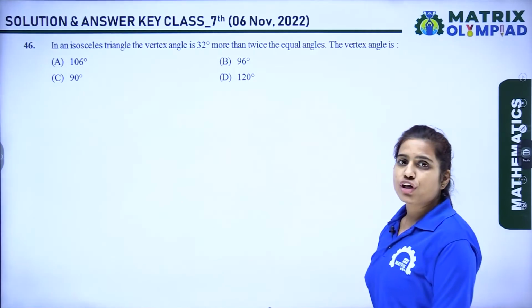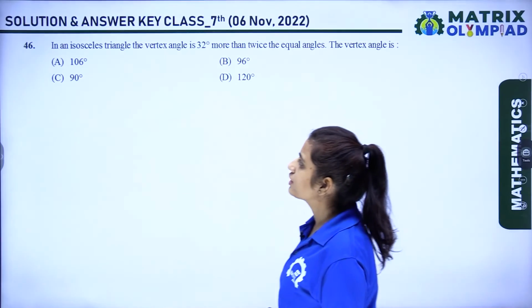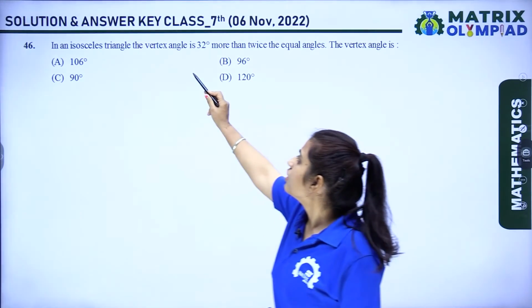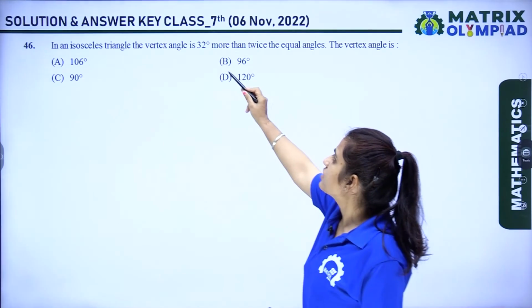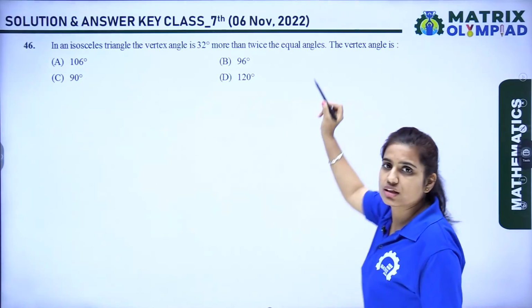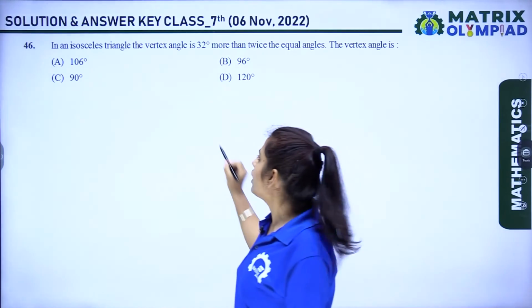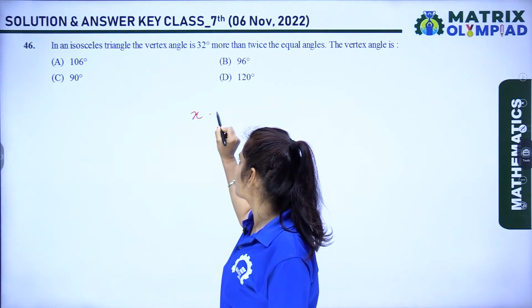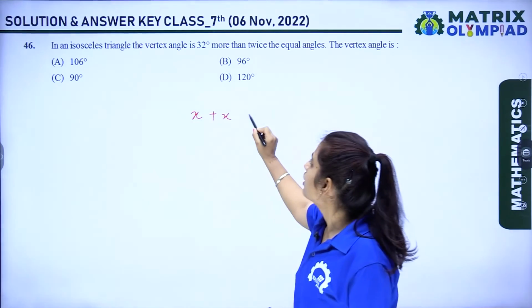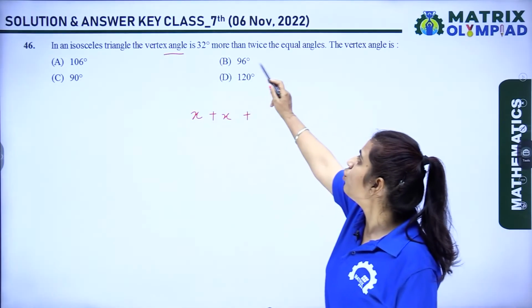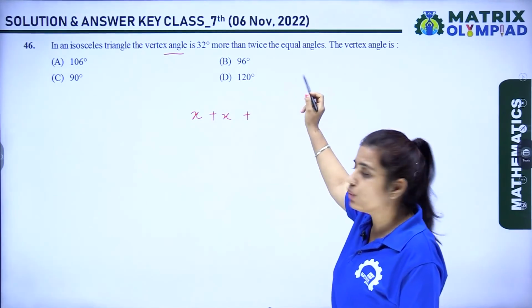Now question number 46. Question number 46 says that in an isosceles triangle, the vertex angle is 32 degrees more than twice the equal angles. So let the equal angle be x. So the other angle will also be x, and the vertex angle is 32 more than twice the equal angle.